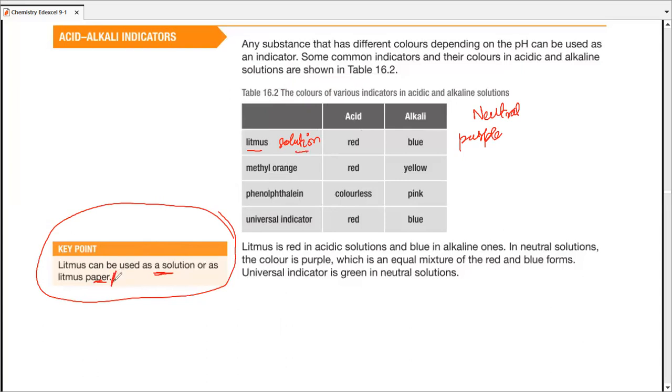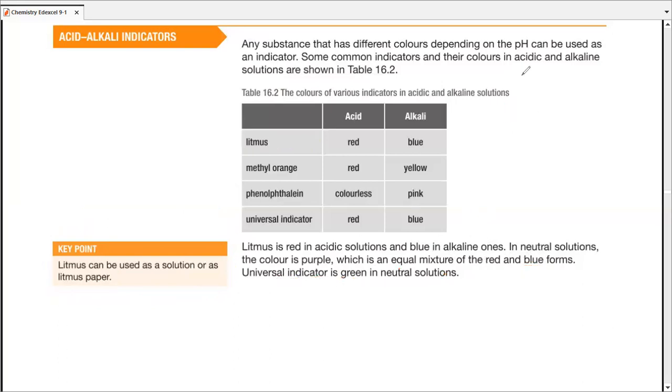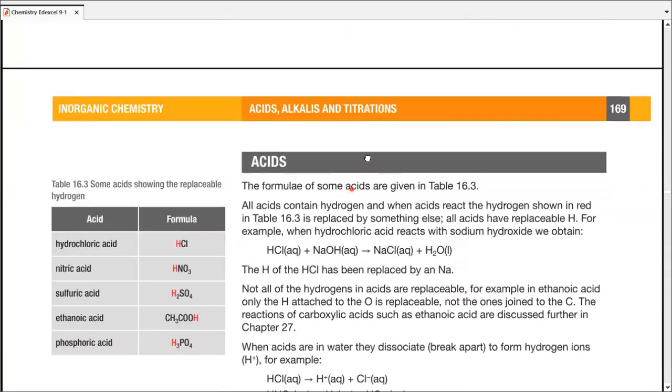When it is used as a paper, it is only present in red and blue forms. The red turns to blue in alkaline solution, the blue turns to red in acidic solution. Universal indicator is green in neutral solutions. They have already clarified it, but since I wrote the whole table, it's not just about one or two indicators. You know the neutral color for every single indicator on this table.